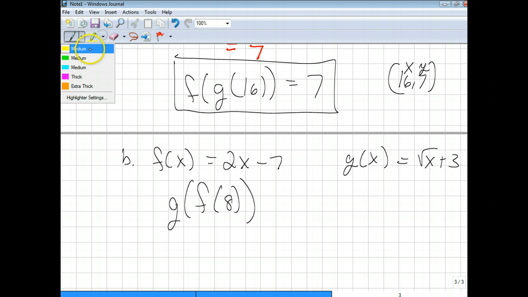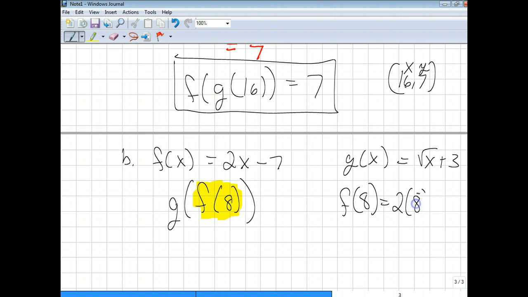So again, I start with the innermost function, and I do that one first. I find its value. So f of 8 is 2 times 8 minus 7, or 16 minus 7, or 9. So f of 8 is exactly equal to 9.